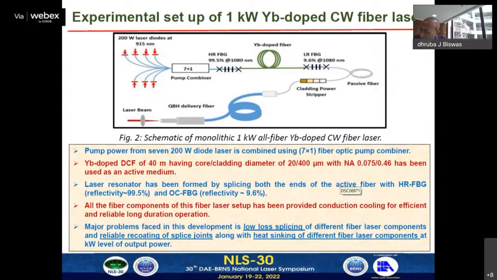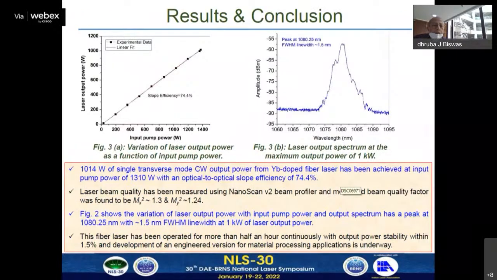Can we go for the next slide, please? Here are the results. We have achieved a power of 1 kilowatt by pumping with 1300 watt pump power, with an optical to optical slope efficiency of 74.4%. The measured beam quality is nearly diffraction limited, with Mx square 1.3 and My square 1.24.